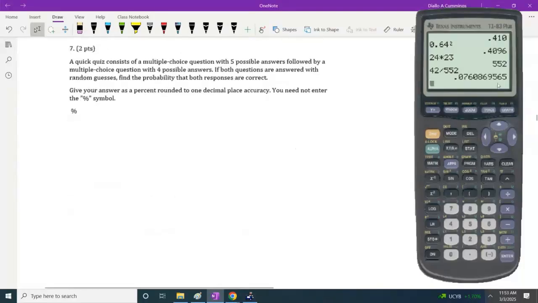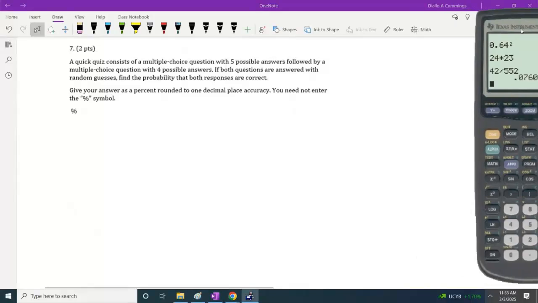Going down to number 7. It says a quick quiz consists of a multiple choice question with 5 possible answers and a multiple choice question with 4 possible answers.